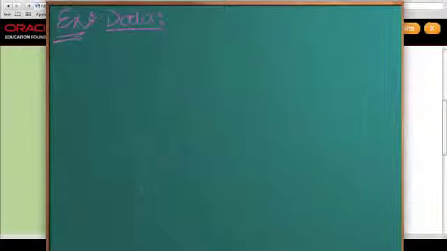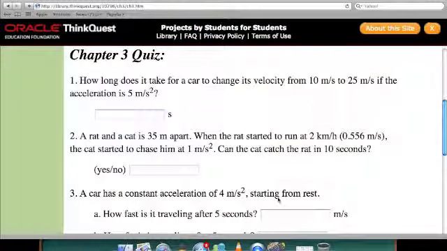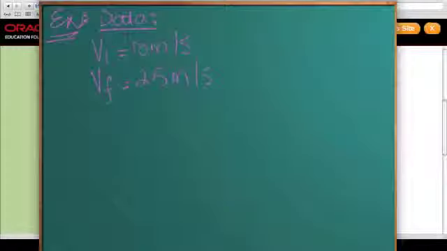So we know the initial velocity is 10 meters per second to 25 meters per second. If the acceleration is 5 meters per second square. So what are they asking for? They are asking for the time.